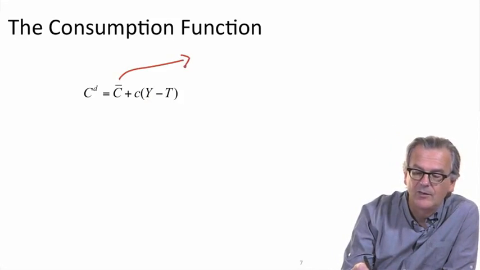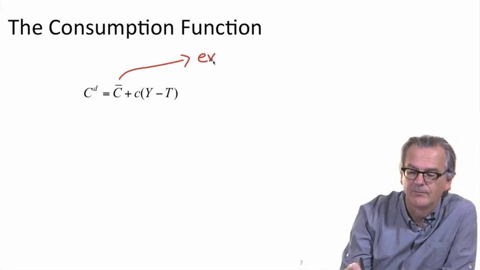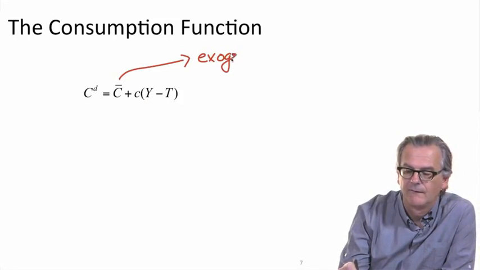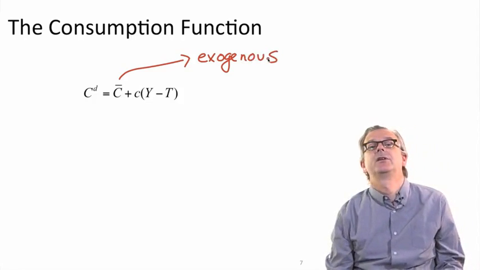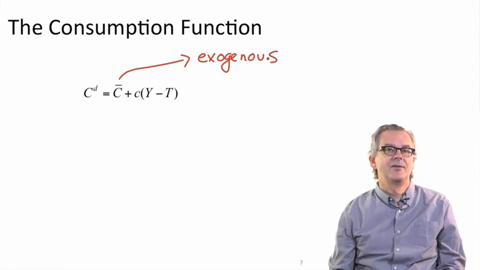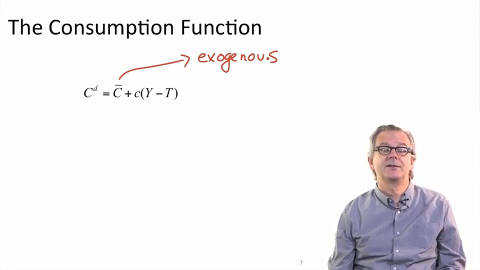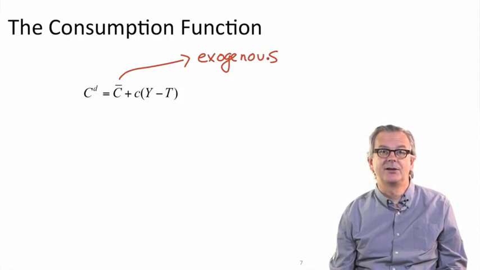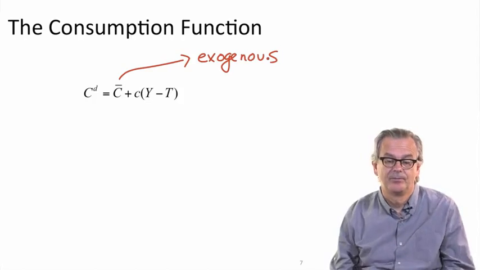C bar on the right-hand side is that part of household consumption expenditure which has been determined by factors other than disposable income. And so there we collect the sum total of the exogenous consumption undertaken by households.